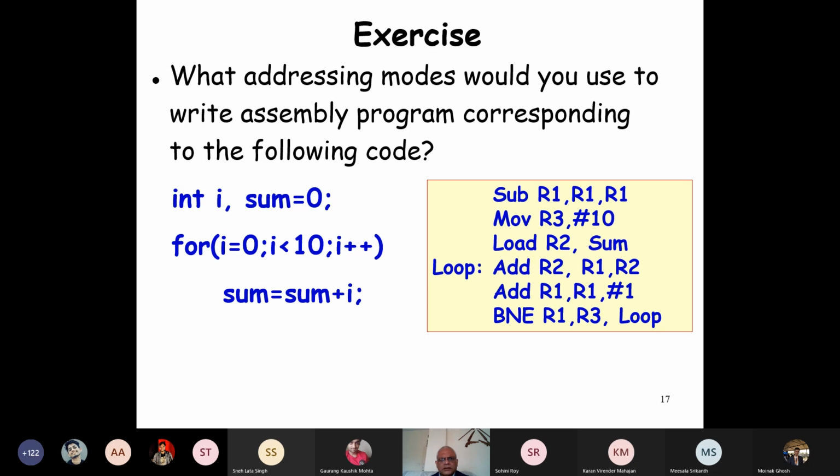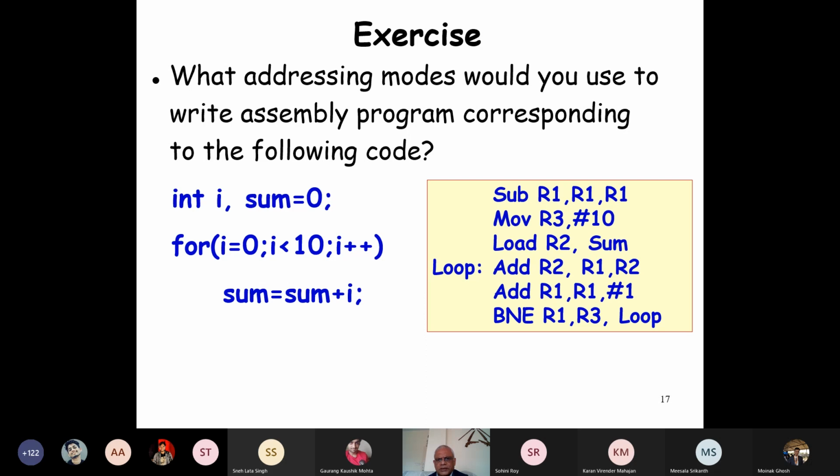Now, what are the addressing modes that will be used in the various instructions? Right now, we have not yet discussed the opcodes and how to write the assembly code. So I don't really expect you to be able to write the program, but at least the addressing modes. What is the addressing mode used in the first one? Subtract R1, R1, R1 means R1 is subtracted from R1 and stored in R1. So basically R1 is initialized to 0 here.